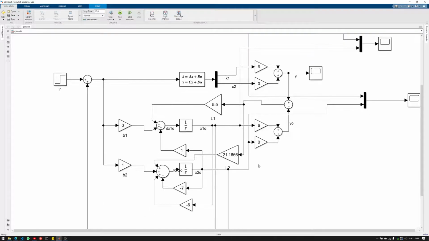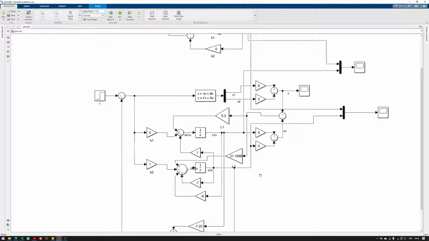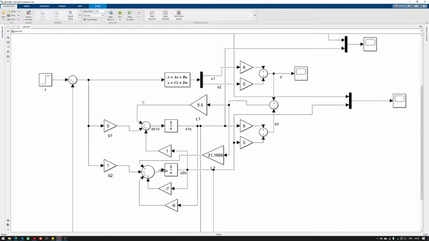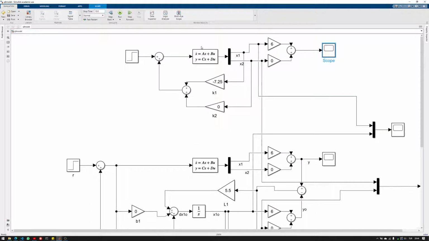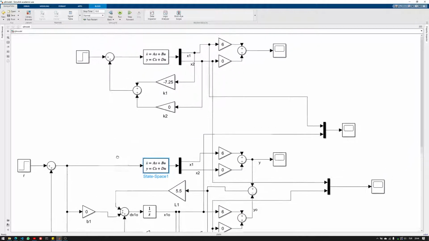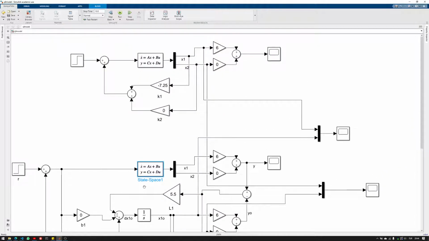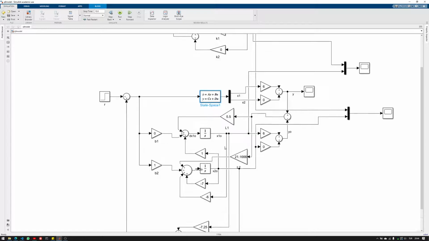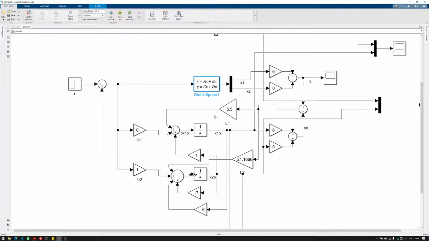Now, if you use a Luenberger observer, stuff can get messy, but what I've done is I have copied the actual system. I have still the output constructed manually, but then I created my own structure instead of using the state space here, because I have an extra correction term, L times y minus y hat.